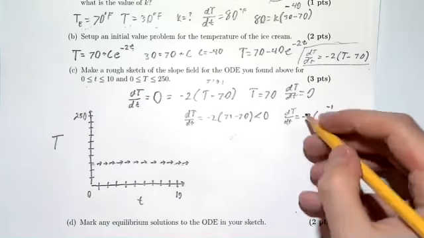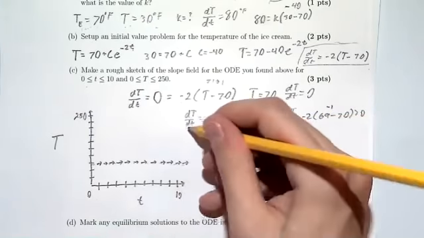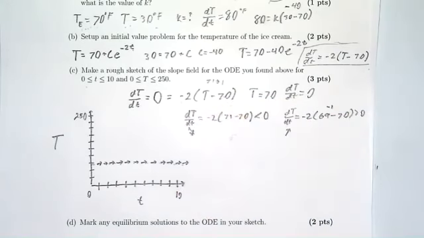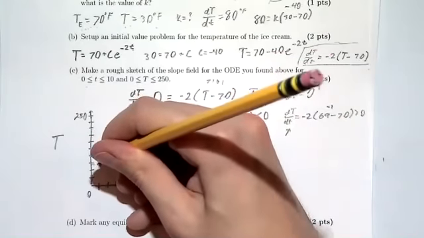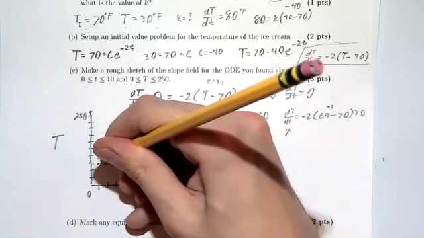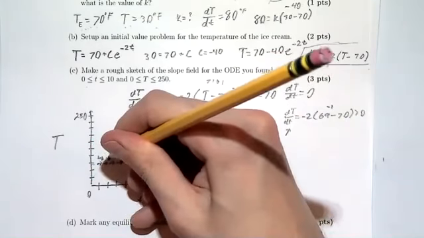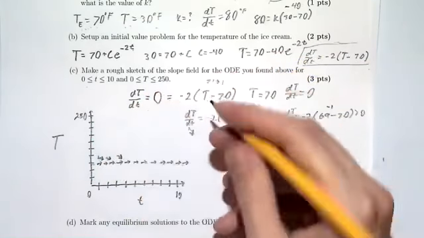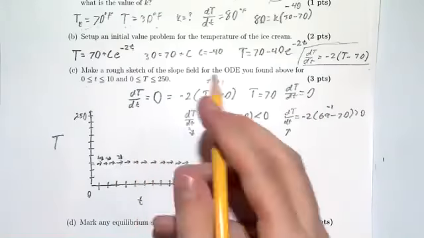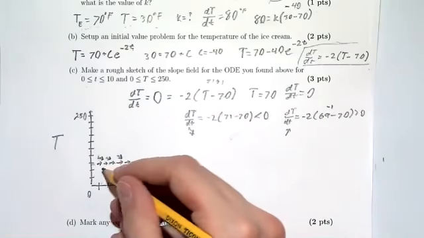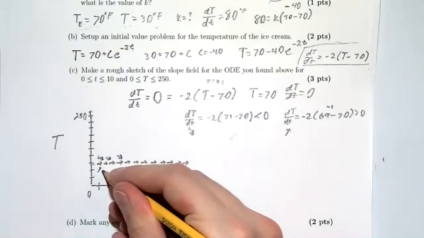So that means on this side we're having arrows pointing up, on this side arrows pointing down. So above 70, we have arrows pointing down. Of course, as they get closer, it's going to be more like this. You don't have to do as fine of a resolution as this. I just messed up and did that. So then on the other side, we're going up.